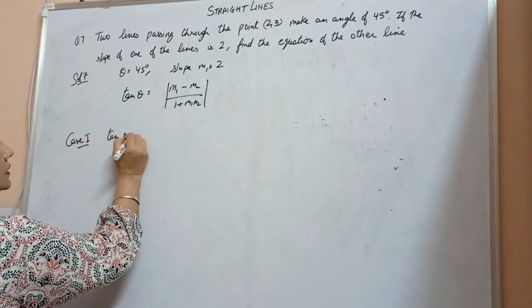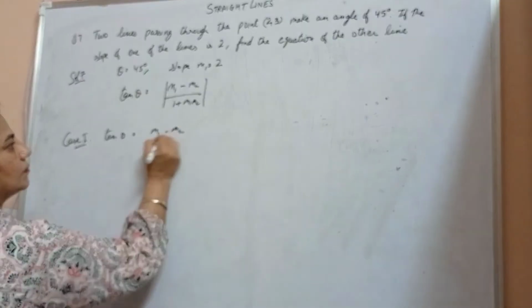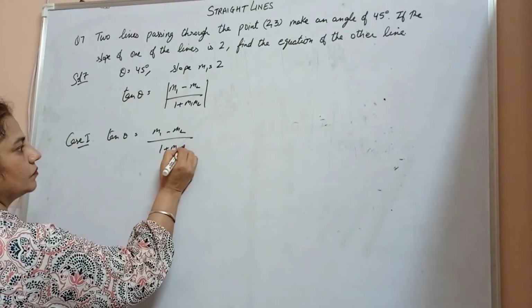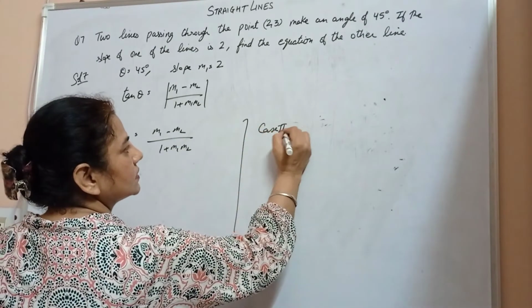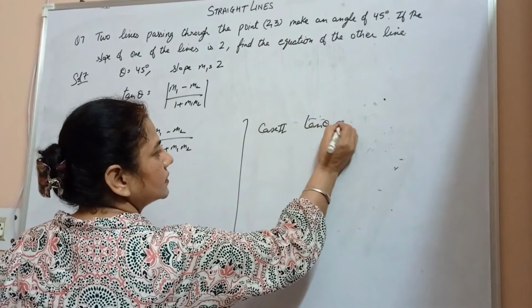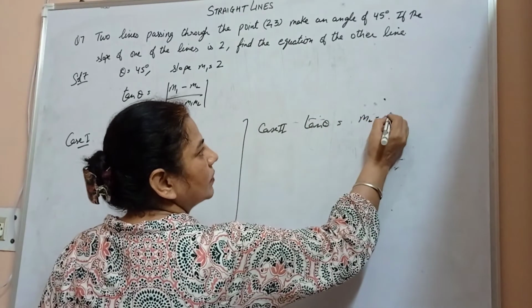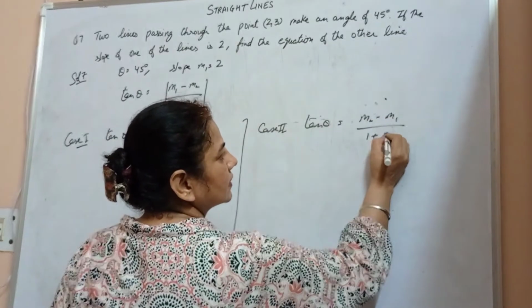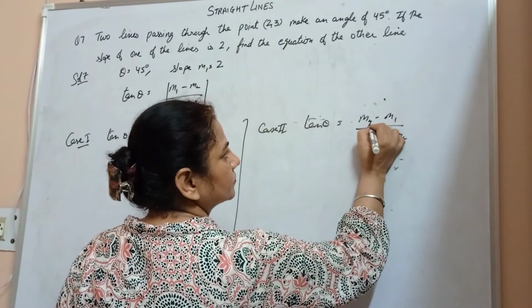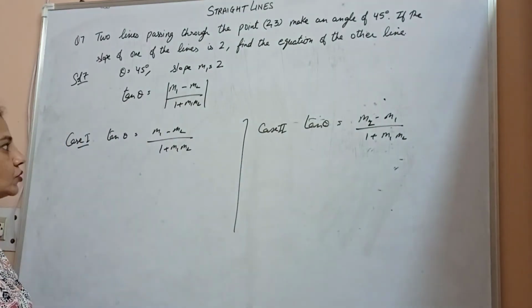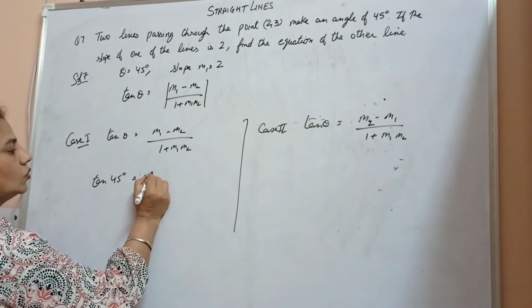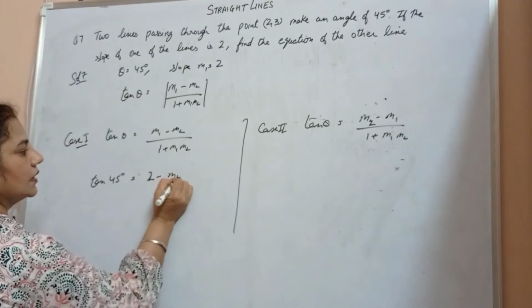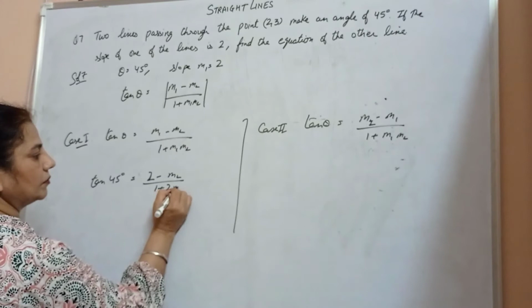Case 1 is tan theta is equal to M1 minus M2 upon 1 plus M1 M2. And case 2 is tan theta is equal to M2 minus M1 upon 1 plus M1 M2. Substitute the value of theta and the slope M1, we get tan 45 degrees is equal to 2 minus M2 upon 1 plus 2 M2.